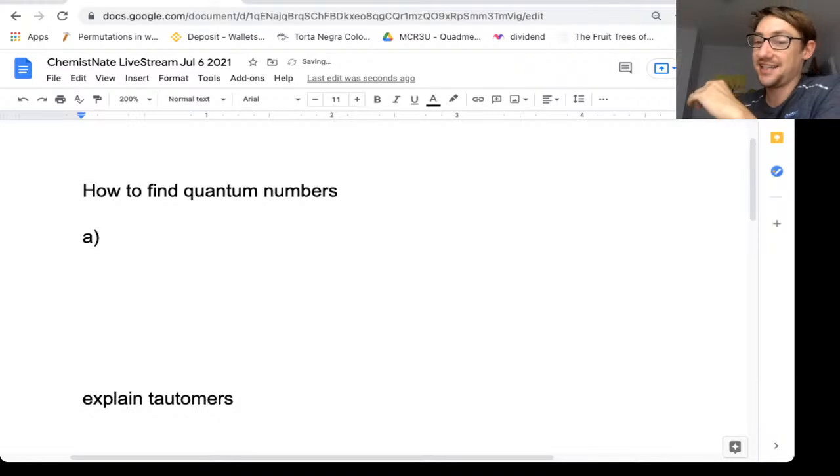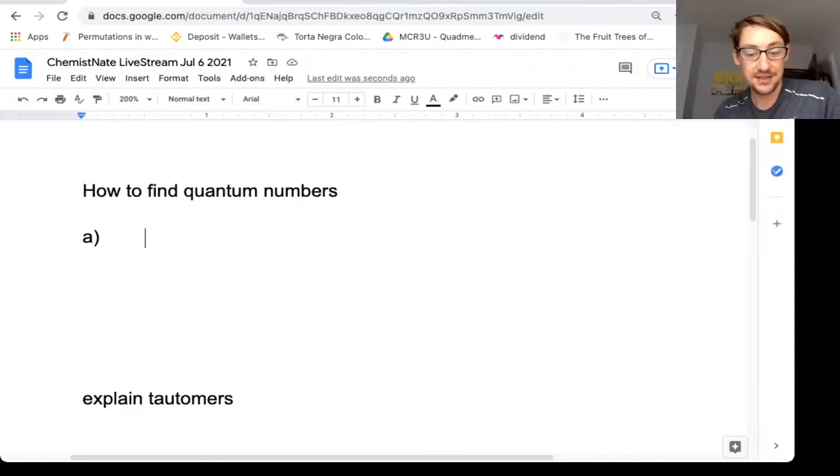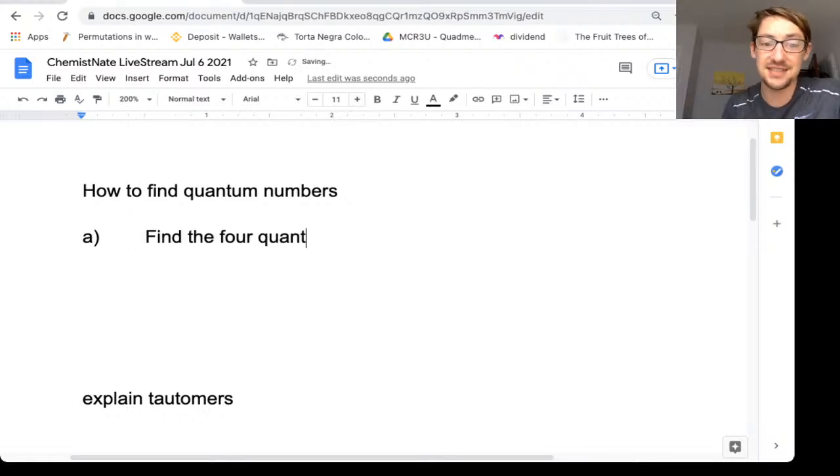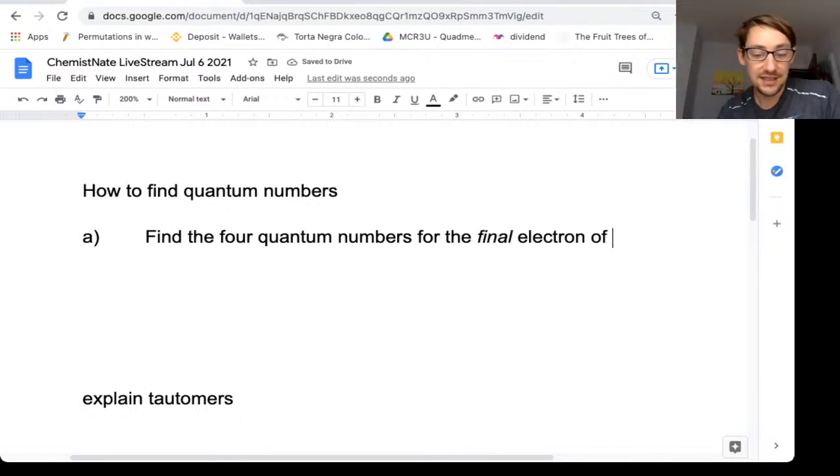So I'm going to go over some quantum numbers first. One of the most common questions I see about this is finding the 4 quantum numbers for the final electron of some element. We can go with oxygen to start. Oxygen's a nice, easy one.